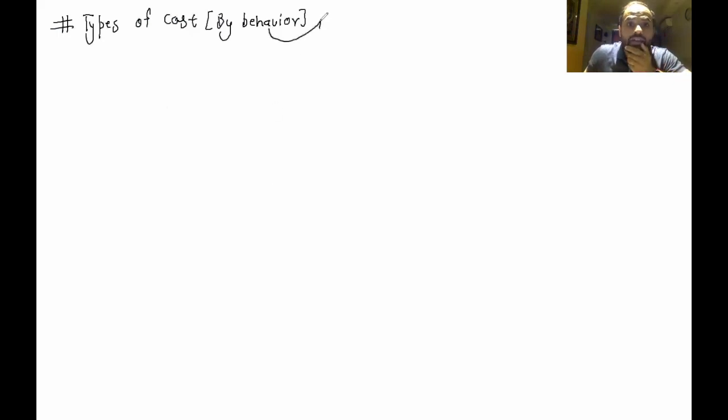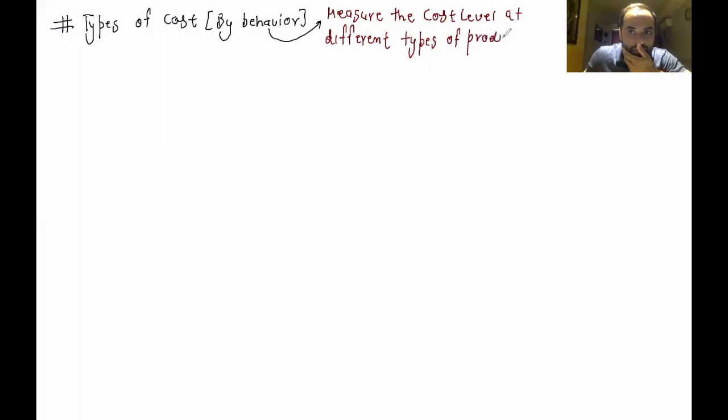Under by behavior, we measure the cost level at different production levels. Measure the cost level or cost behavior. I think we should write cost behavior, that is the most appropriate definition. Cost behavior.